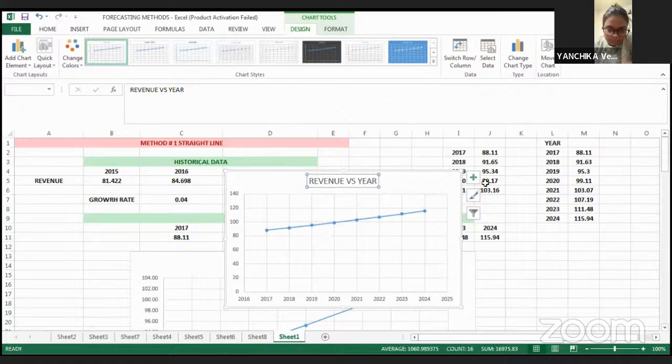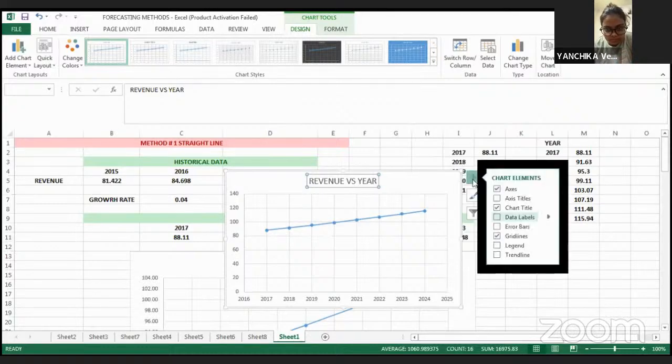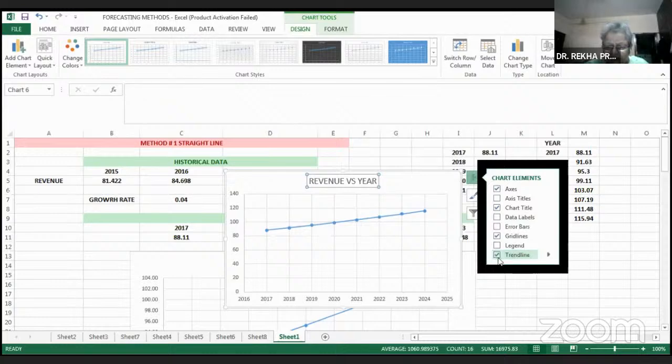Here the trend line is a straight line. It will be the same trend line, and the actual projection is the same because it is a straight line. This is how you draw the curve for constant growth, which will always be a straight line.